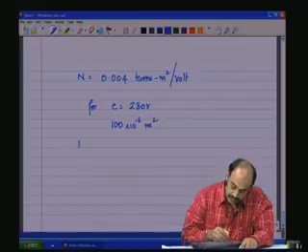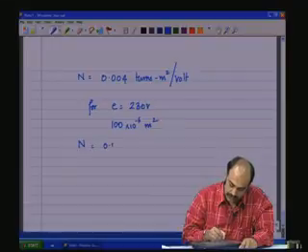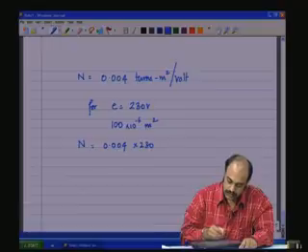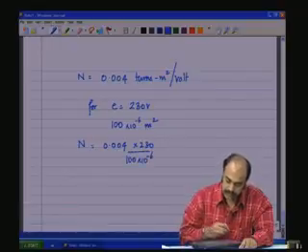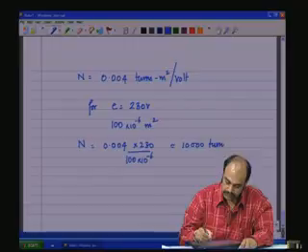Then the turns that one would get would be 0.004 into 230 divided by 100 into 10 to the power of minus 6. This is approximately 10,000 turns.